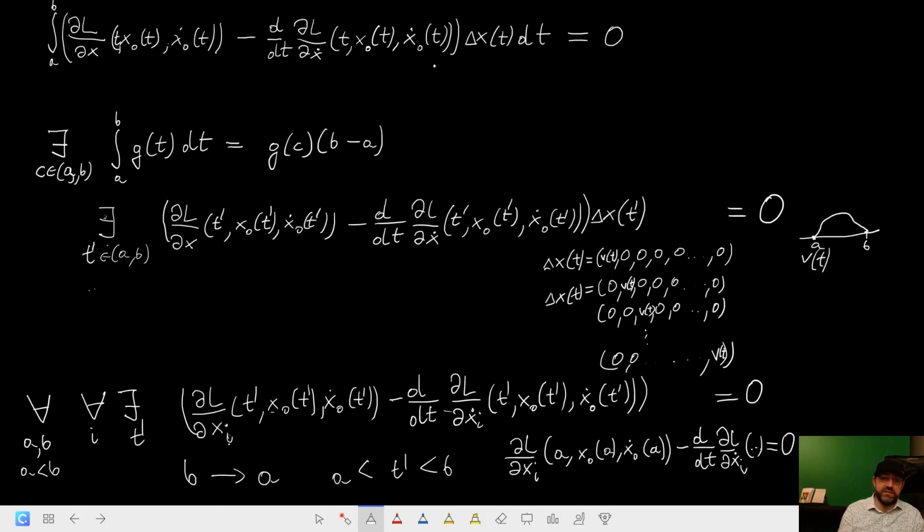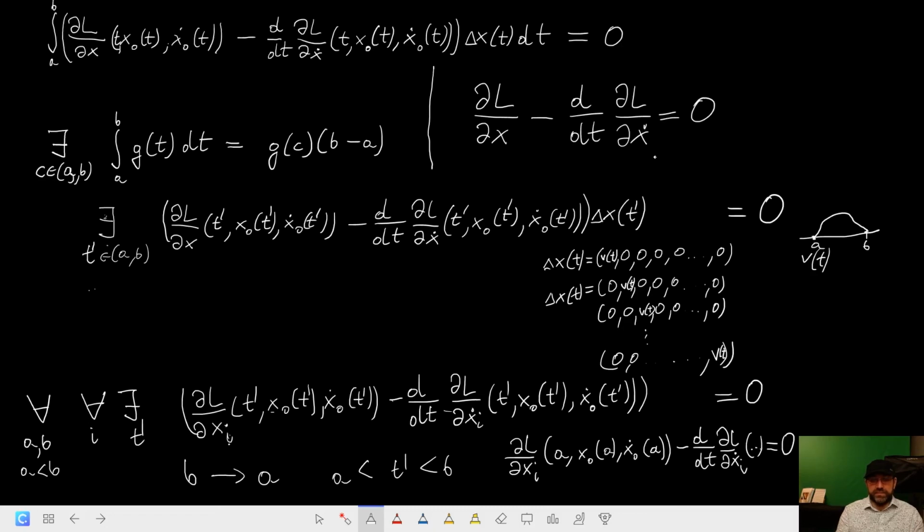So let's put it somewhere here. The equation that we proved. And it is Euler Lagrange equation.